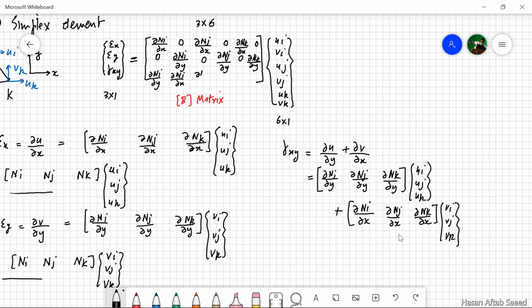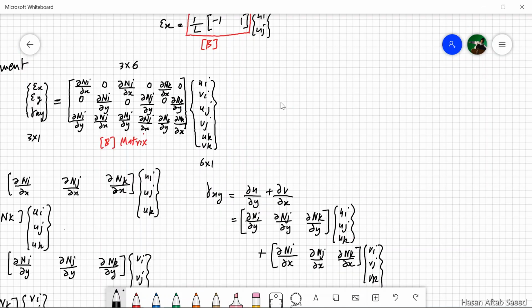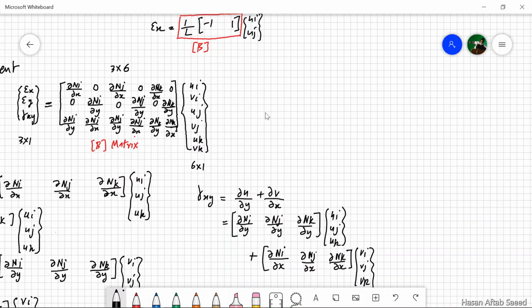Similarly, partial nj over partial y and then partial nj over partial x, then partial nk over partial y and partial nk over partial x. So this is our B matrix because it links the nodal displacement values with the epsilon vector. Now this can be simplified further because we know the values of ni, nj and nk, so we can differentiate them with respect to x and y.